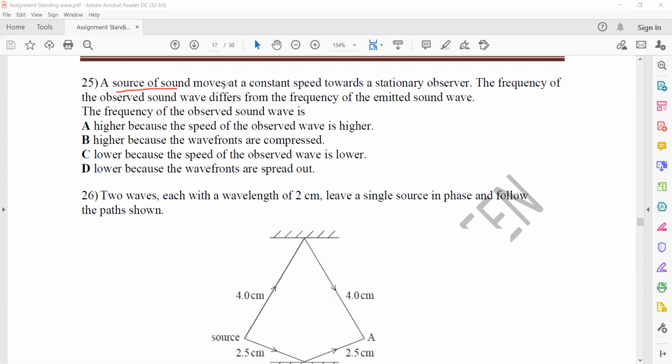When a source of sound moves towards the stationary observer, the observed frequency will increase and the wavelength will decrease. The frequency observed will be higher because the wavefronts are compressed, or the wavelength is shorter. So B is the right answer.